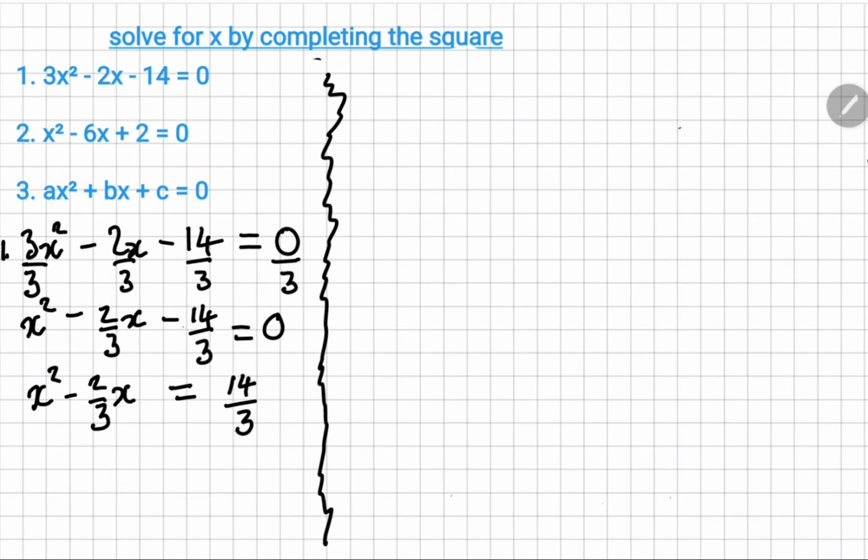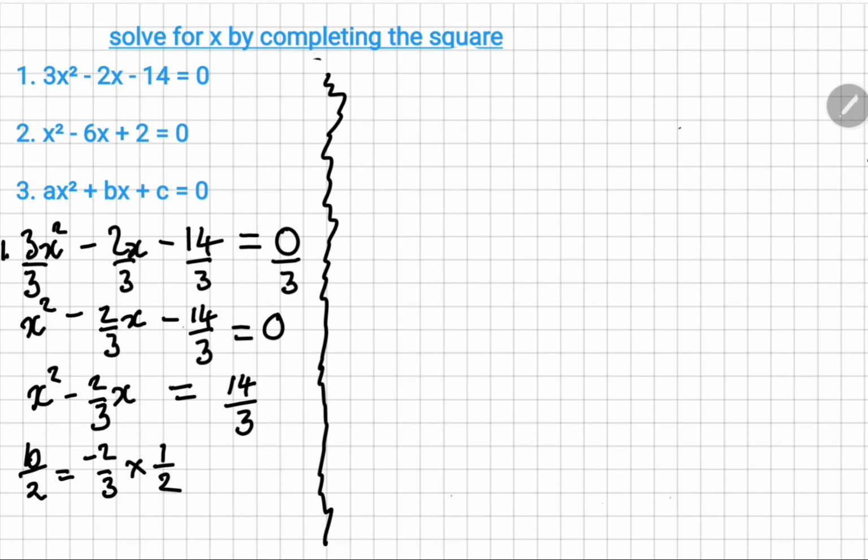Now I need to find out what the b over 2 value is. b over 2 will be the same as negative 2 over 3 divided by 2. But I'm dividing by 2, I can convert division sign to multiplication and invert.